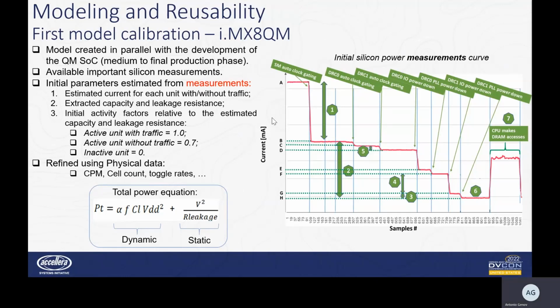As a first approach for the activity values, we simply used 1 for active with transactions, 0.7 for active without transactions, and 0 for inactive. Later, we were able to refine these values thanks to the toggle rate and the CPM data coming from the backend teams in order to have more realistic values.